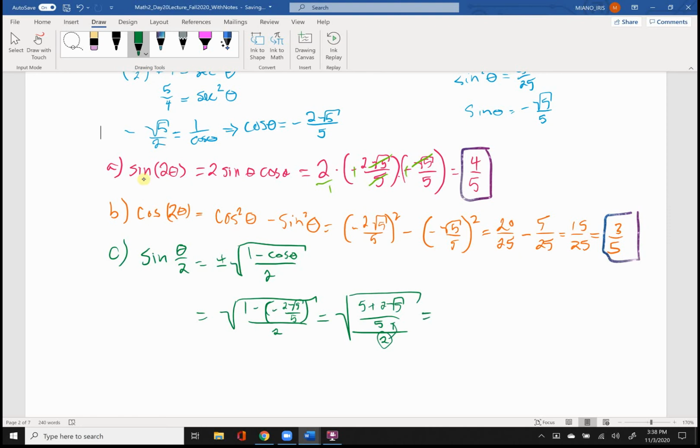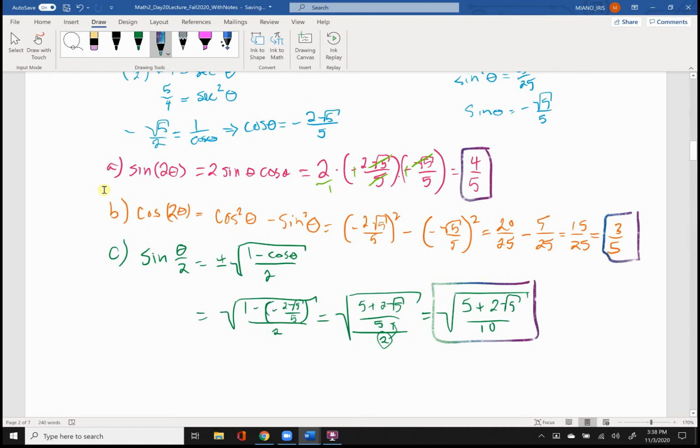So that'll give us the square root of 5 plus 2 root 5 all over 10. Okay, and we can keep it like that. No further simplification possible for that one.